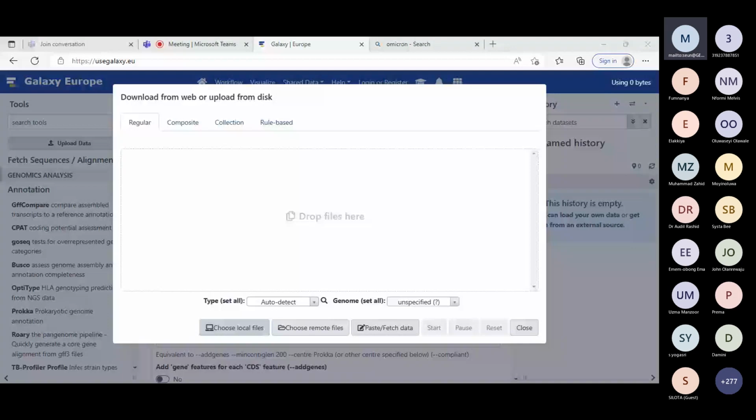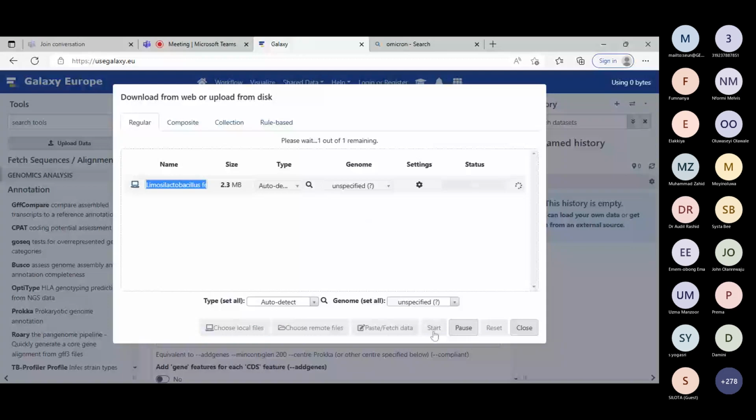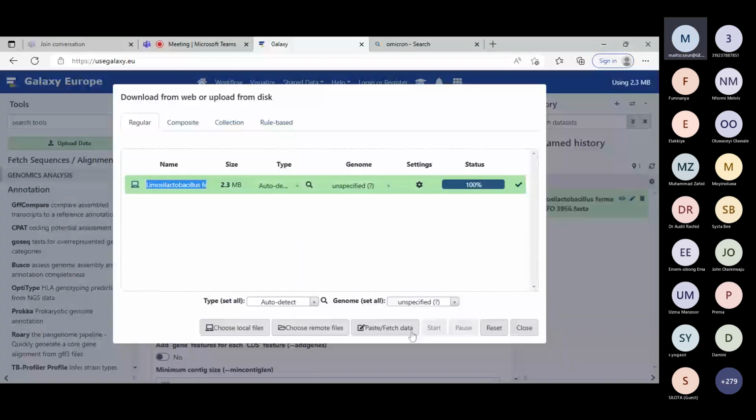This is a whole genome sample of Lactobacillus fermentum, and you open it. The moment you do that, it will load, and then you start uploading. Okay, it's done.